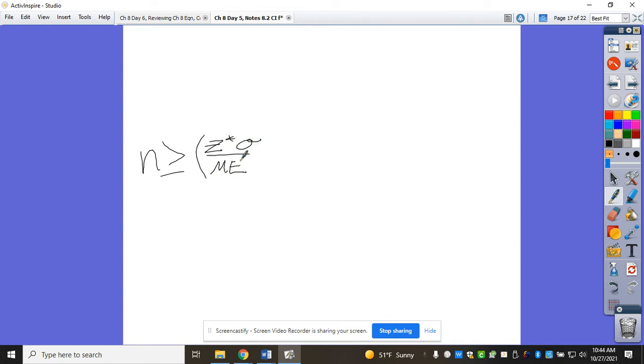And that whole part is... and I derived this equation by doing a couple steps in algebra, starting with what? Margin of error equals Z times what here, over... And then we just went through algebra steps to get here, right? So we're going to do the same process today.